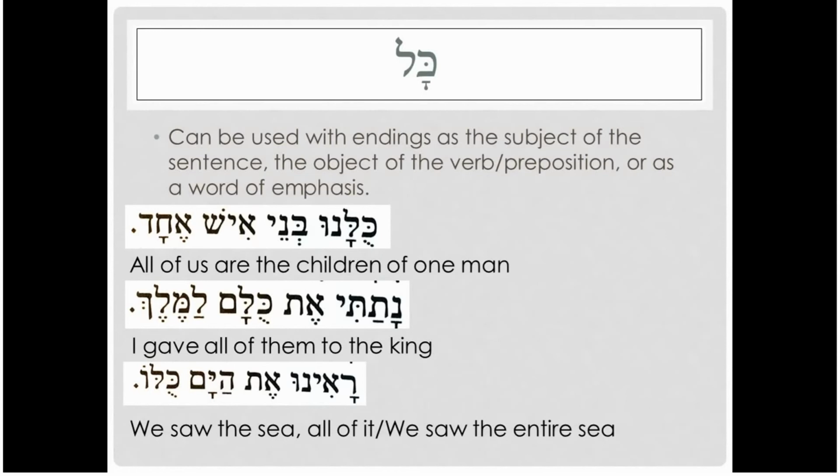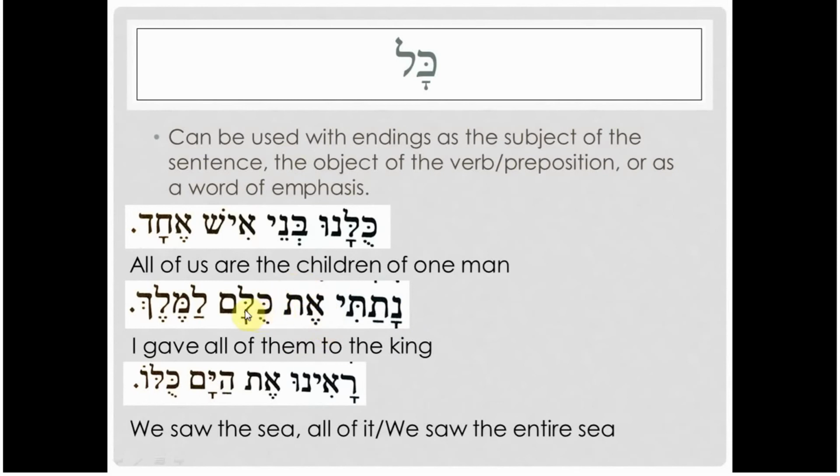Okay, let's look here at the second sentence. Natati et kulam la melech. So here it's not going to be the subject. Kol is not going to be the subject of the verb because the subject here is I. I gave, right? Natati is from Natan. I gave what? Well, here's the direct object indicator.